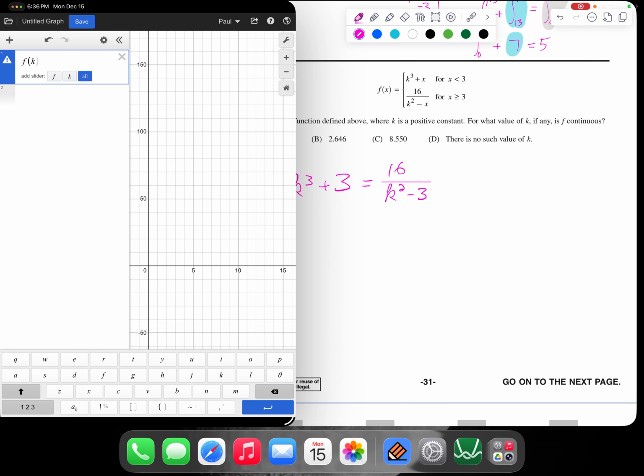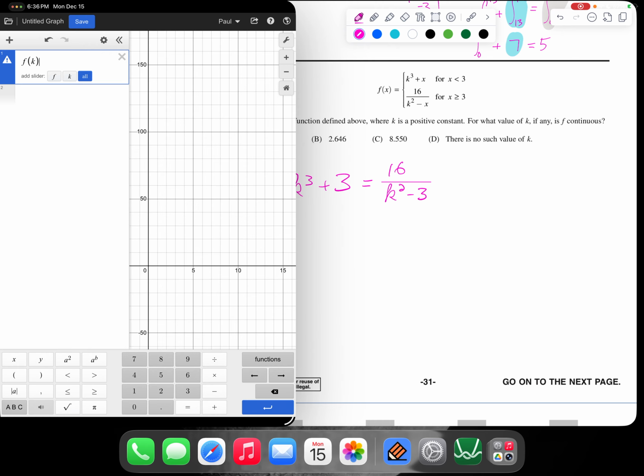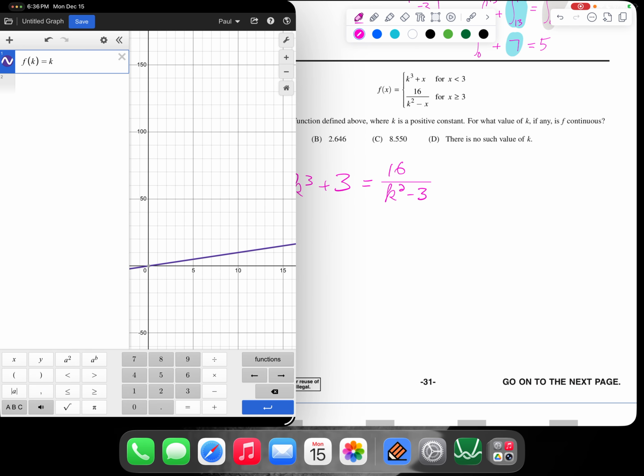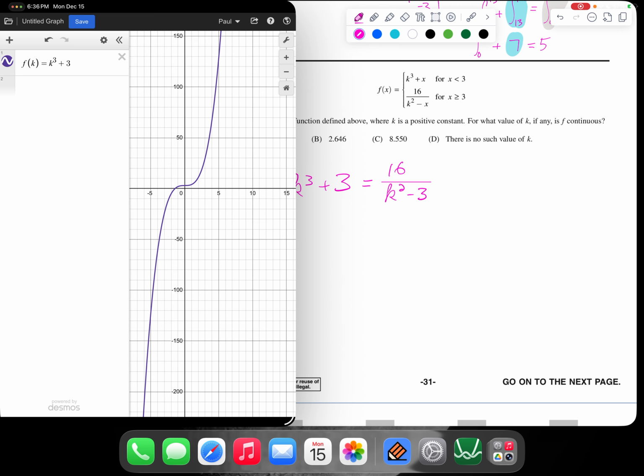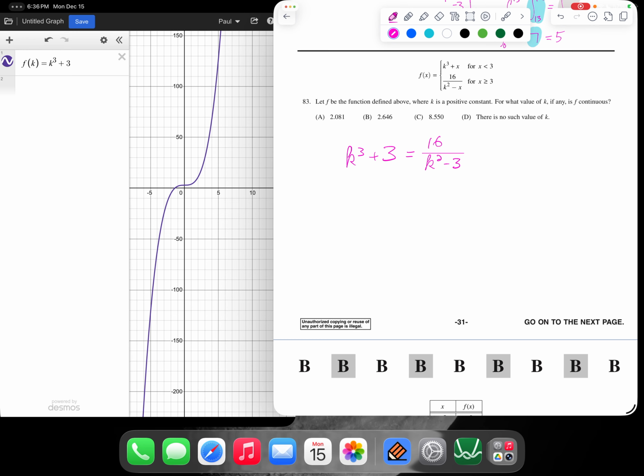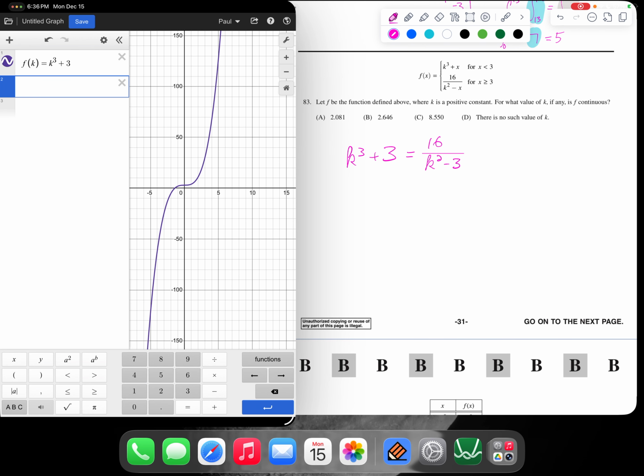F of k equal to k cubed plus 3. Oh, look, Desmos is graphing that. Why am I making this a function? I'll show you in a sec.